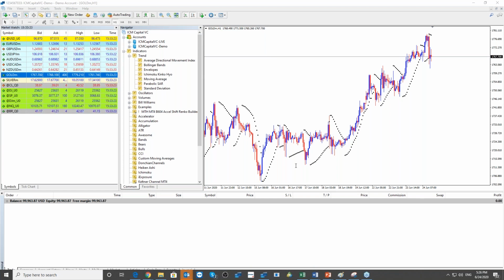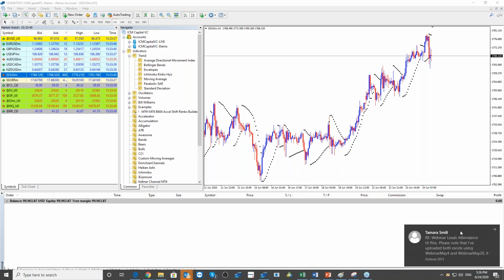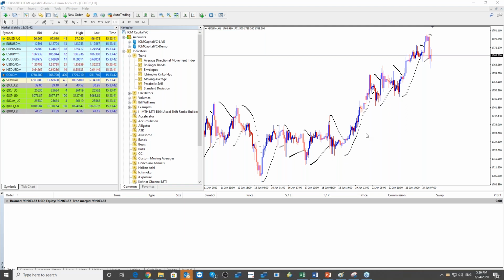And for indicators, for example the SAR, you can scalp the SAR breakouts. Any crosses between the price and the SAR can be a trade signal for scalping. You can also add some filters, which could give better performance to your strategy.